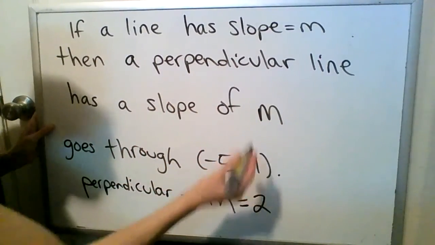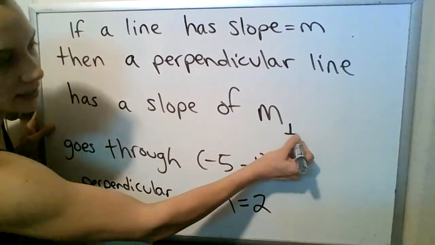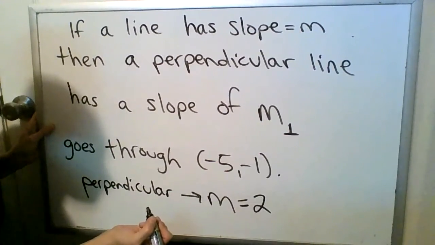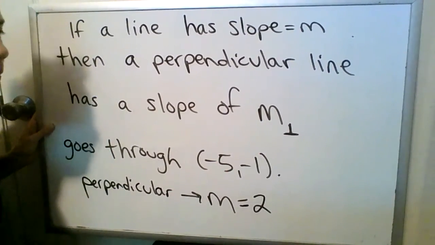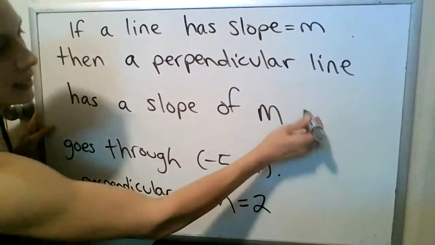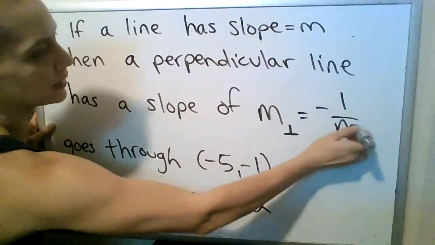What people usually do is write m with a subscript, like this, and this shape means perpendicular. So the slope of the perpendicular line is the negative of 1 over m.